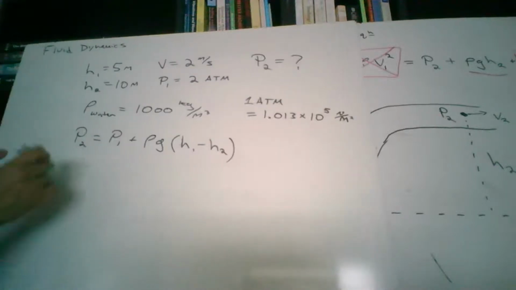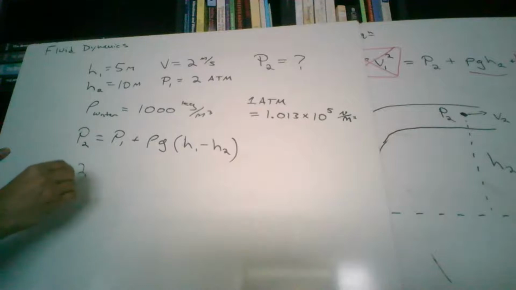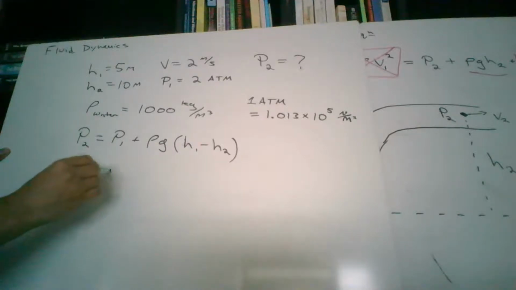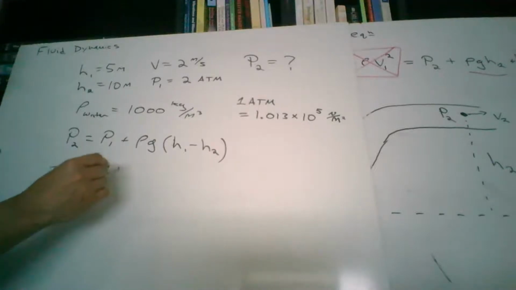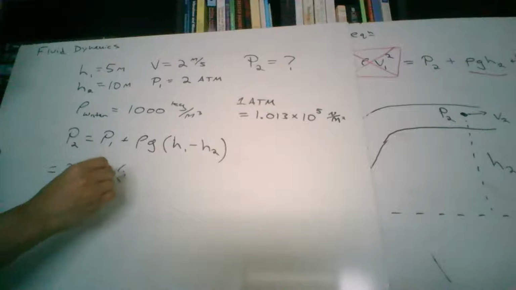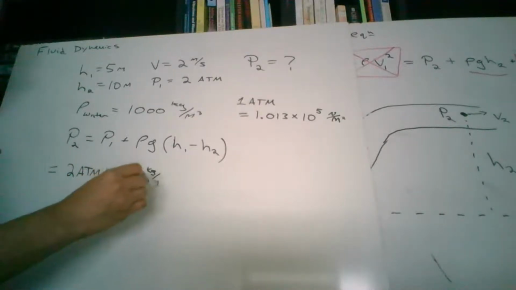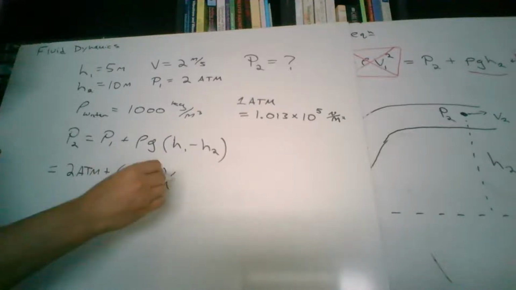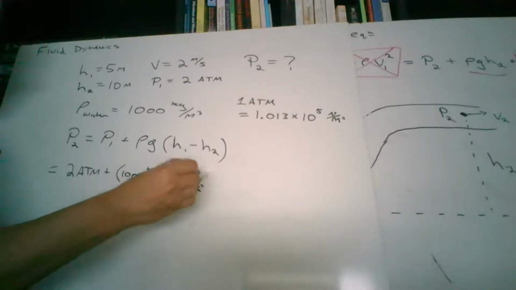So when we plug everything in, we have 2 ATMs plus the density of water, which is 1,000 kilograms per meter cubed, times gravity, which is 9.8 meters per second squared.